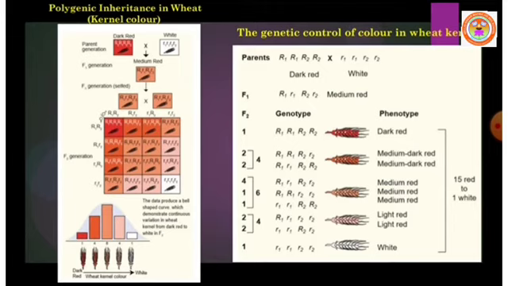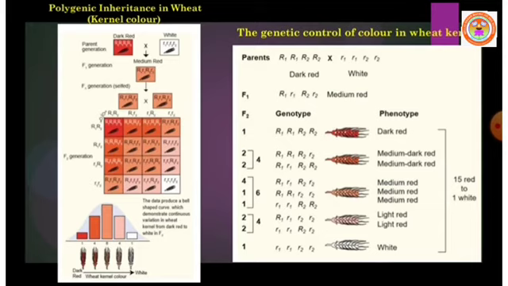Nielsen and Hill found that the ratio in the F2 generation is 63:1. 63 of them are red and 1 is white.